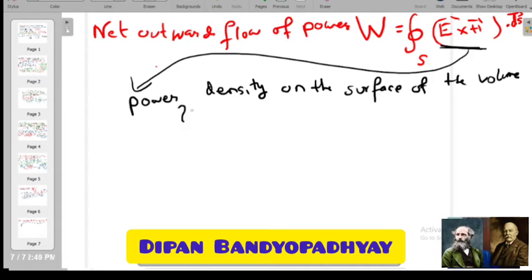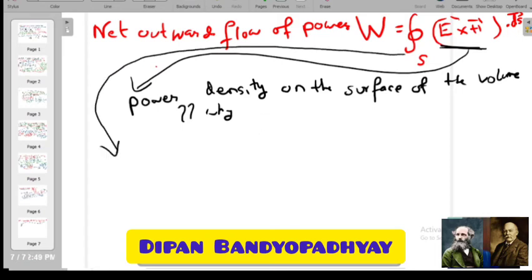Why? See, this is nothing but a surface integral, right? That means this term has to be power density because it should be multiplied by this area.